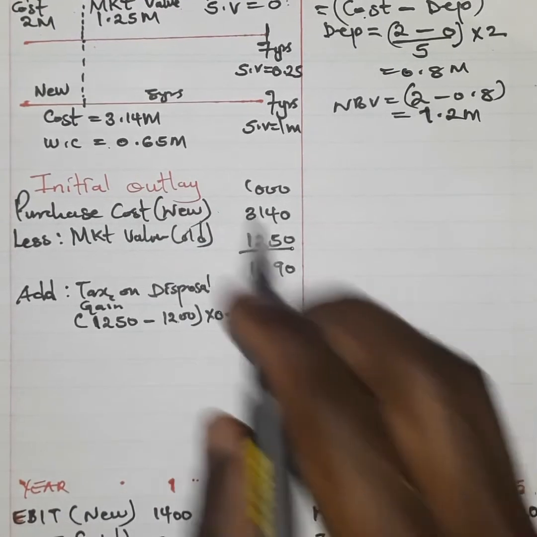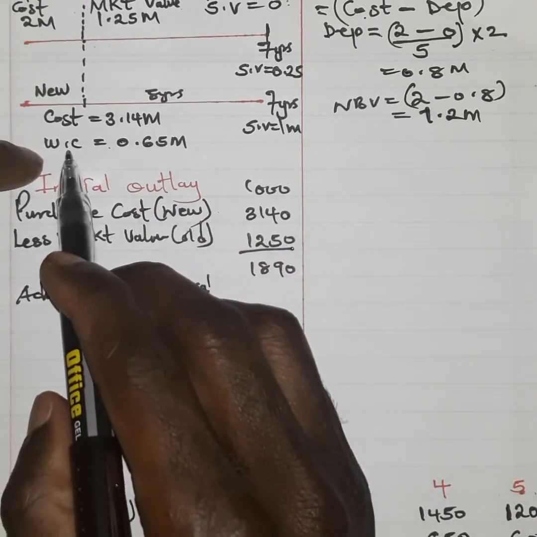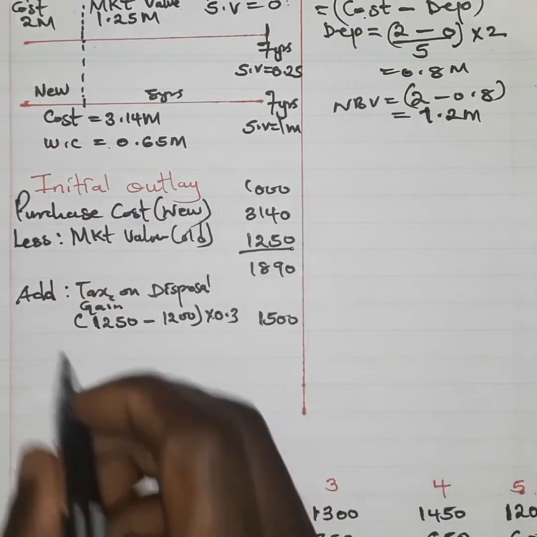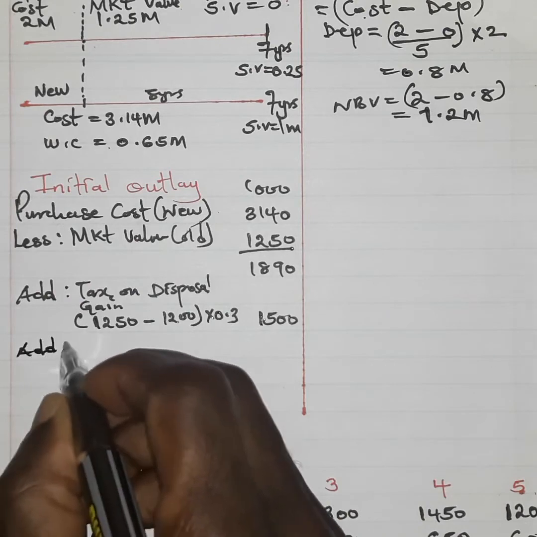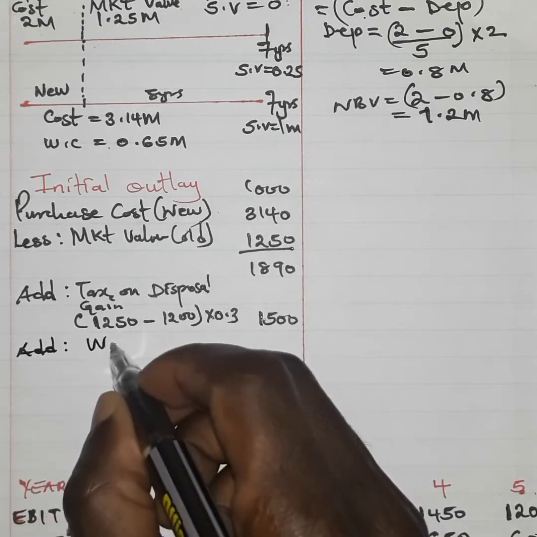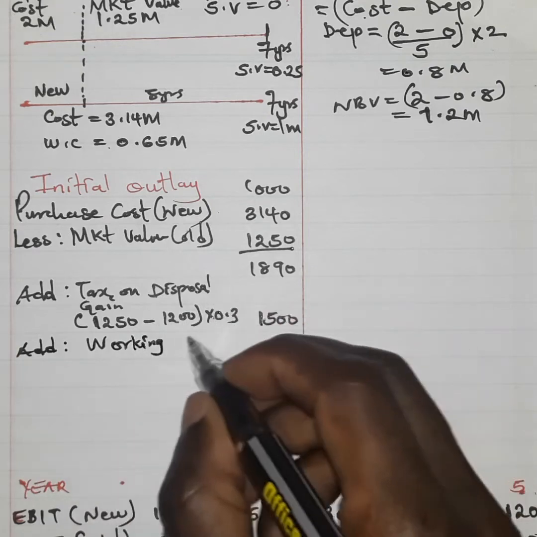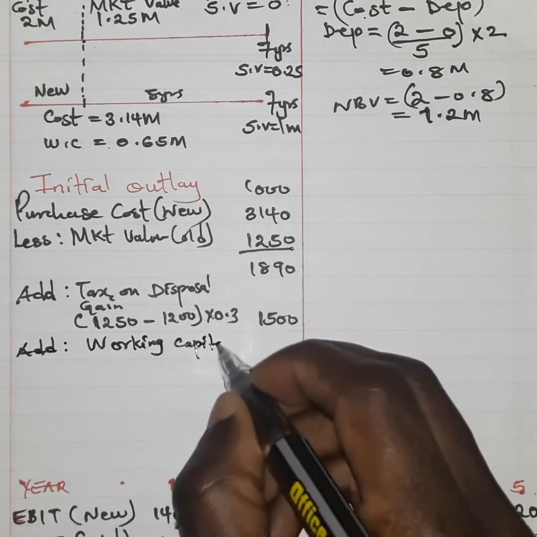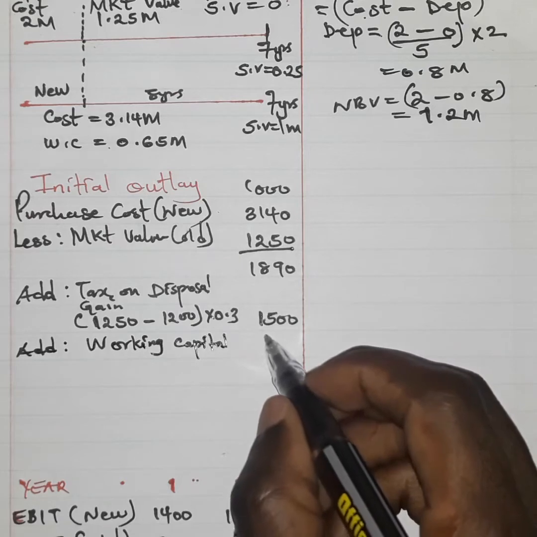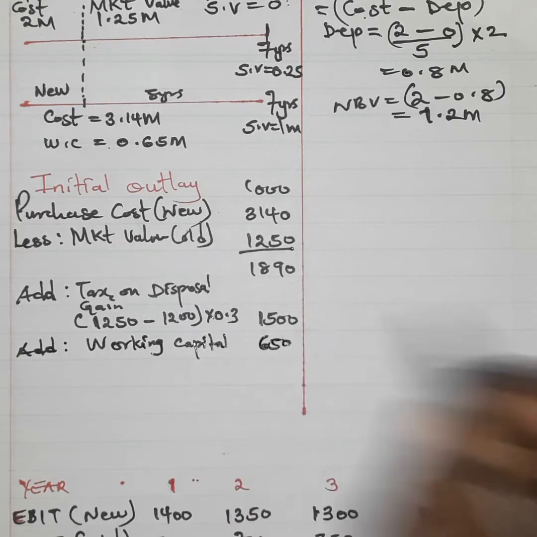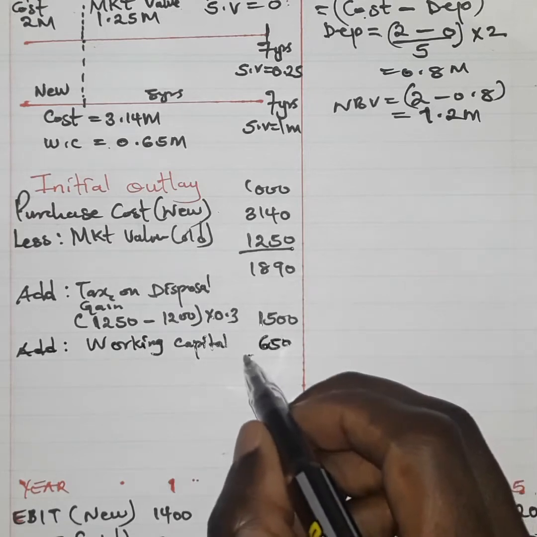Remember, we had an element of working capital, which is forming part of the investment. Again, we add our working capital, and our working capital is an amount of 650,000, in terms of thousands, 650.